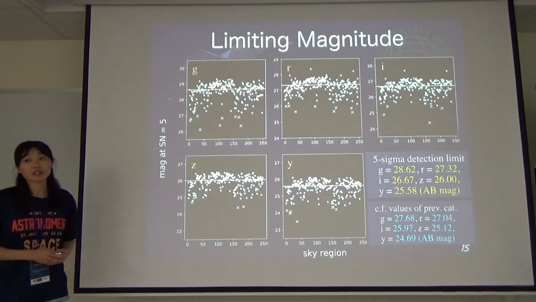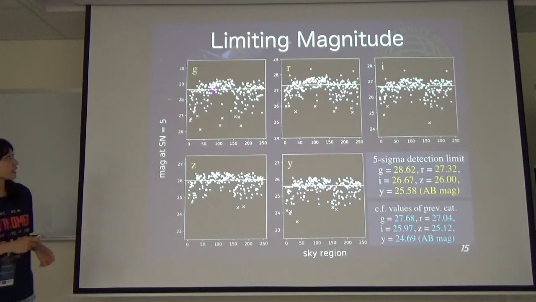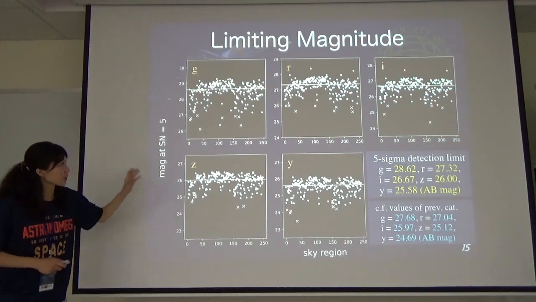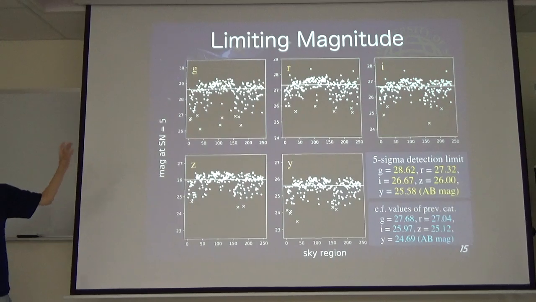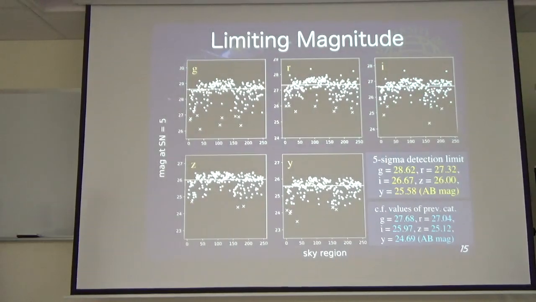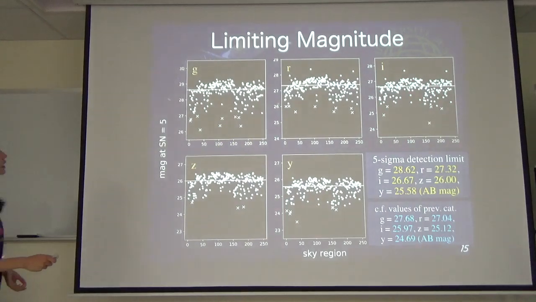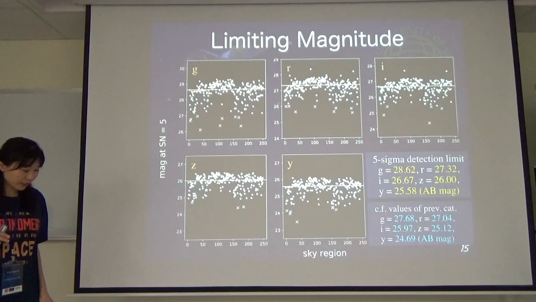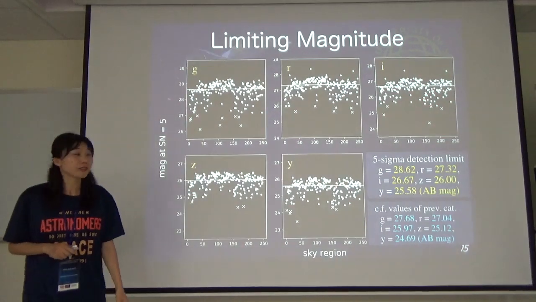So this is the limiting magnitude figure, and each dot is a 5 sigma limiting magnitude in each patch, different sky regions. And then we calculated the average median limiting magnitude with 3 sigma clipping.